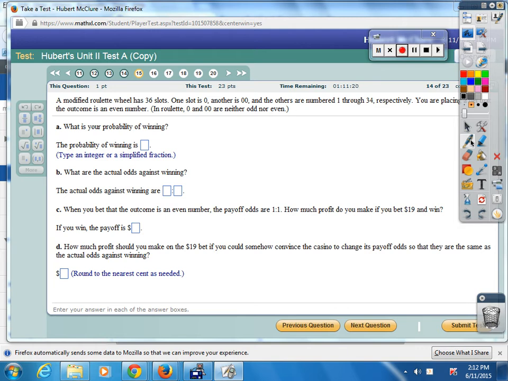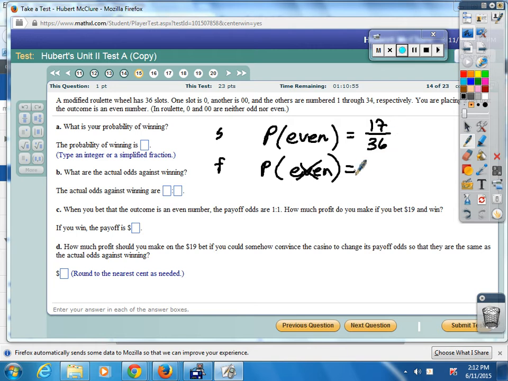So that means the probability, we've got to see which one's a success. Even. Even is our success. And our failure is the probability of what? Not even. Remember I told you, do not use that word odd, so it'll get you in trouble. Even is what? 17 over what? 36. And then, what's this number? 19 over 36. Now make sure you keep everything as a fraction, so it'll make the working it a whole lot easier.